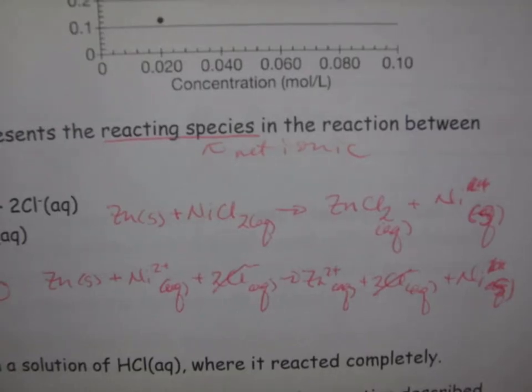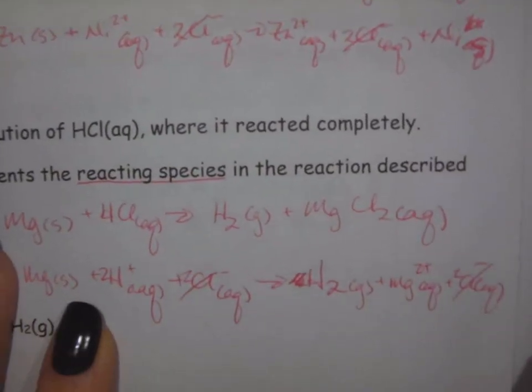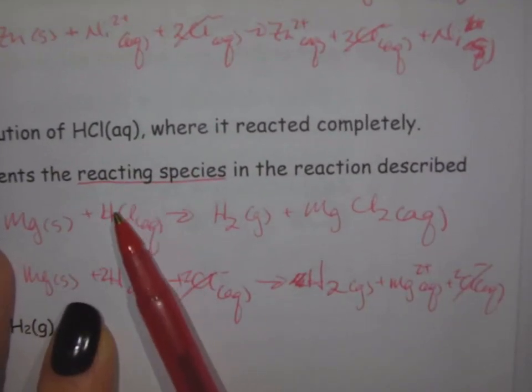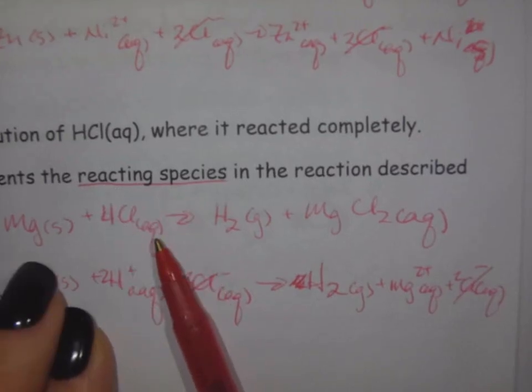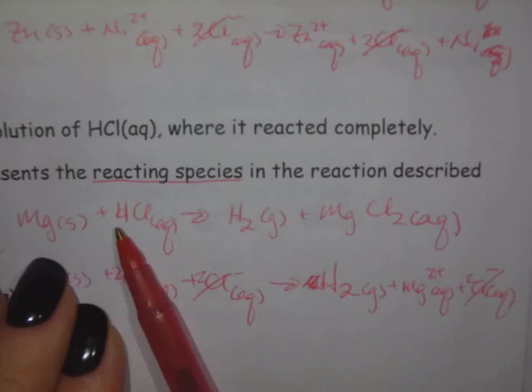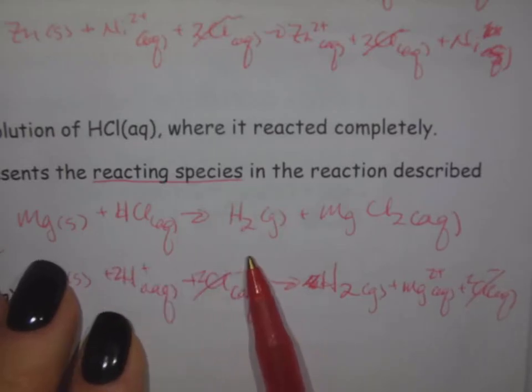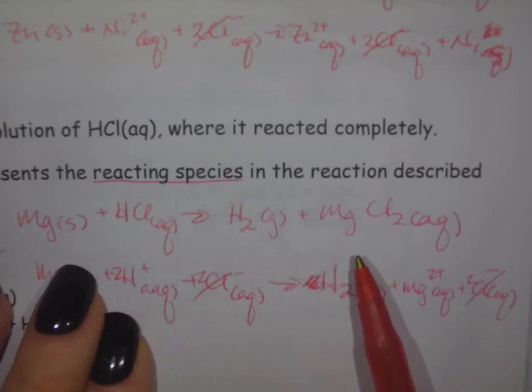Okay, and similar, number 7, we're dealing with another strong acid. So I'm going to tell you that the equation is magnesium solid plus HCl turns into H2 plus MgCl2 aqueous.